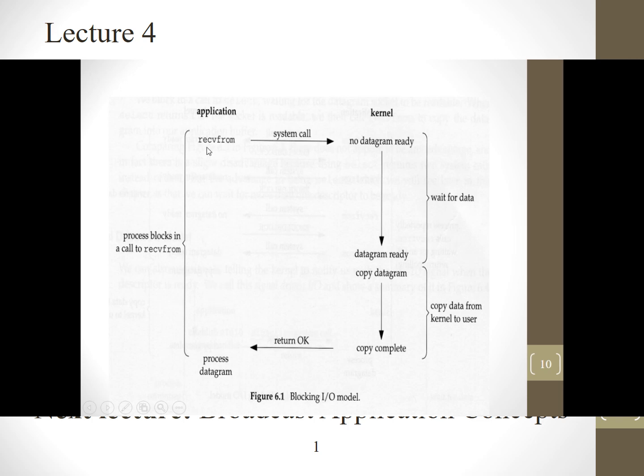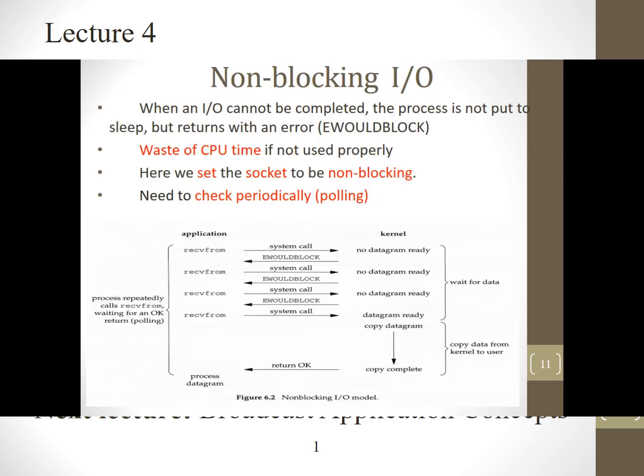Okay, let's look into the next I/O model, which is known as the non-blocking I/O model. So what is happening here? It says when an I/O cannot be completed, the process is not put to sleep, but returns with an error.